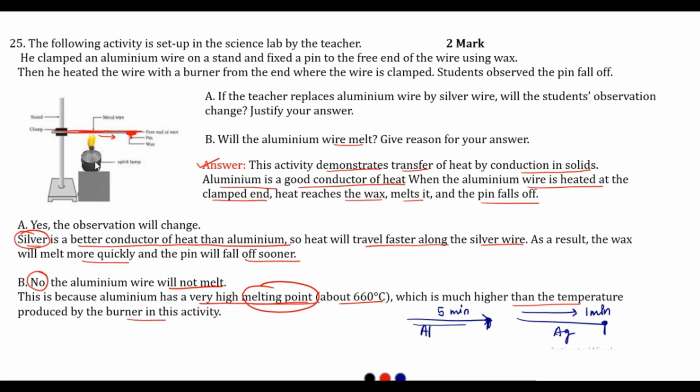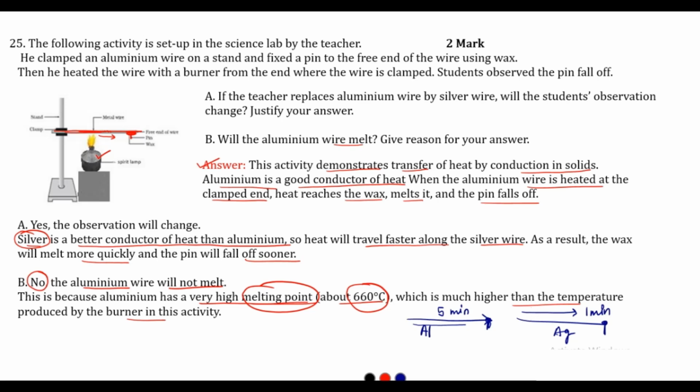Here in the activity we are using a burner, and the burner will not produce heat of 660 degrees Celsius. And if it is not producing that much heat, then there is no chance of this aluminum wire getting melted. And therefore the answer is aluminum wire will not melt, and the reason is because it has a high melting point, about 660 degrees Celsius, and the burner will not produce such a high temperature.